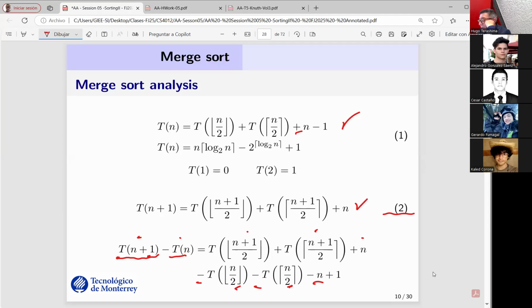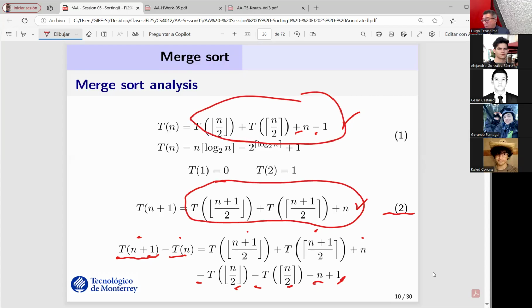Minus times plus is minus, and minus times minus is going to be plus, right? So I have this expression here, less this expression here, and let's see what we get. So you have floor here, ceiling here, floor here, ceiling here. So let us observe. Up to now, is that okay, what I did up to here?